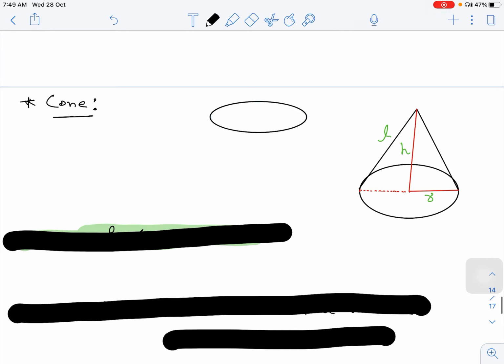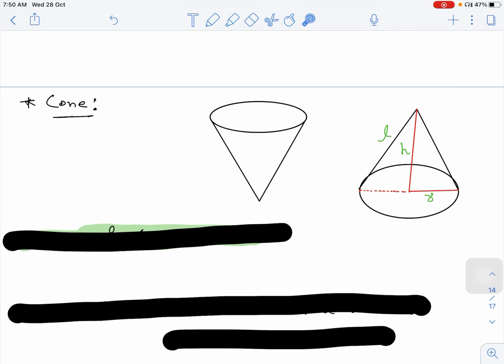Now, a cone has a circular region, one circular face, and then it is followed by these two lines, we can consider.